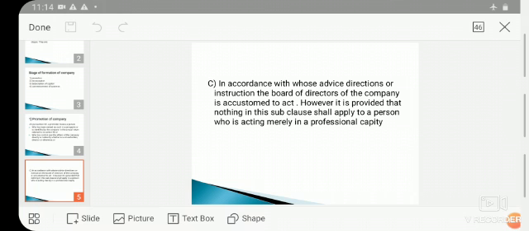In any of these circumstances, a person or people are considered the promoter or the promoters of the company. So in our incoming class we are going to learn the functions of promoters. That means to form a company, what functions are performed by the promoters, that we are going to study in our incoming online class. Thank you.